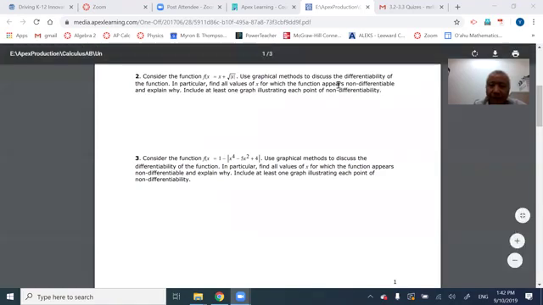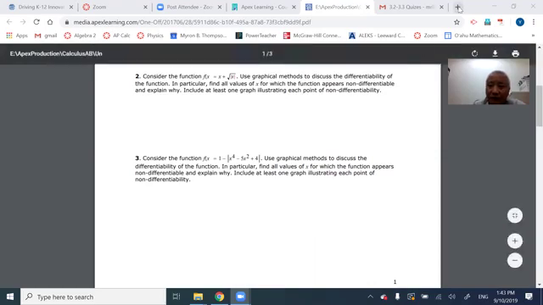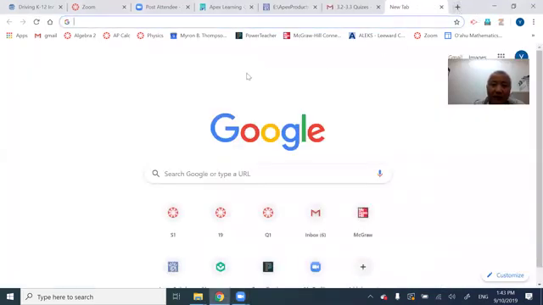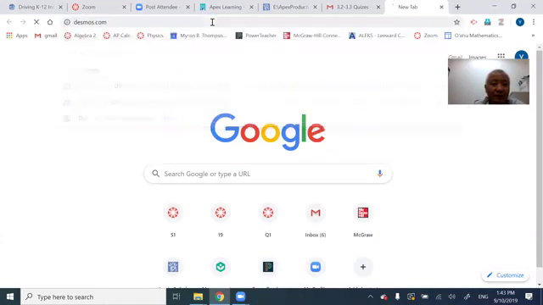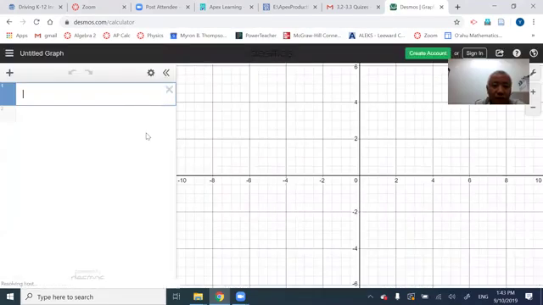So we need to graph it. And of course, you can use a graphing calculator. TI-84 is fine, 86 is fine. But you can also use another tool, Desmos. Let's go here to the function first.